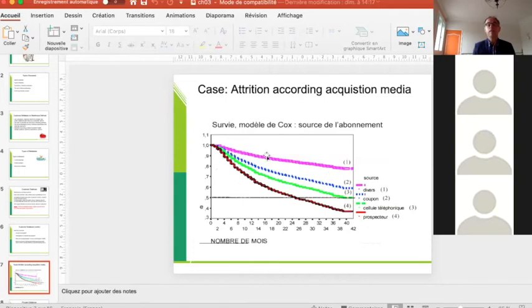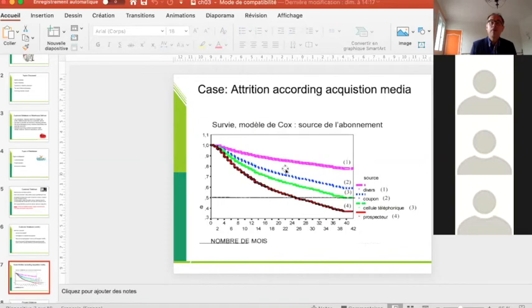And finally, those who came voluntarily, after 42 months, so 4 years, they have the highest survival probability to stay with the job. You can see that according to the medium of acquisition, it's better to recruit customers who came freely on their own, as they have higher survival probabilities than those who were forced.